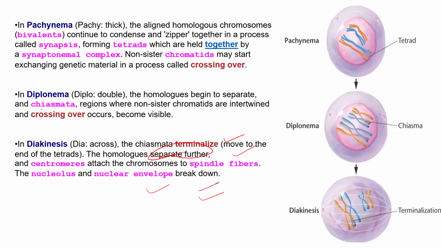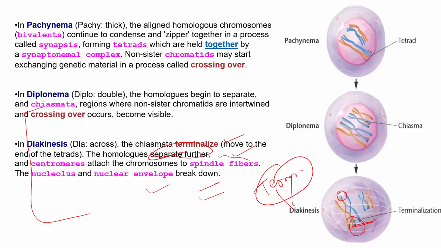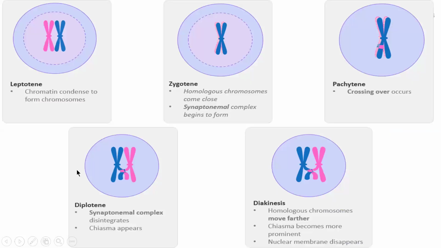The nuclear envelope breaks down. In diakinesis the chiasmata terminalize, meaning they move to the end of the threads, and the chromosomes are totally separated. The nucleolus and nuclear envelope break down and disintegrate.